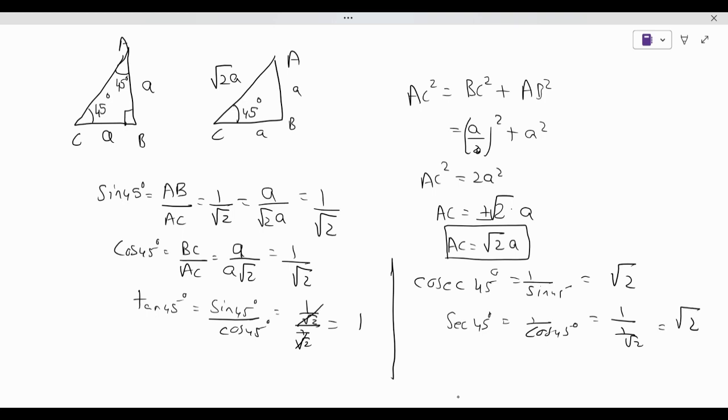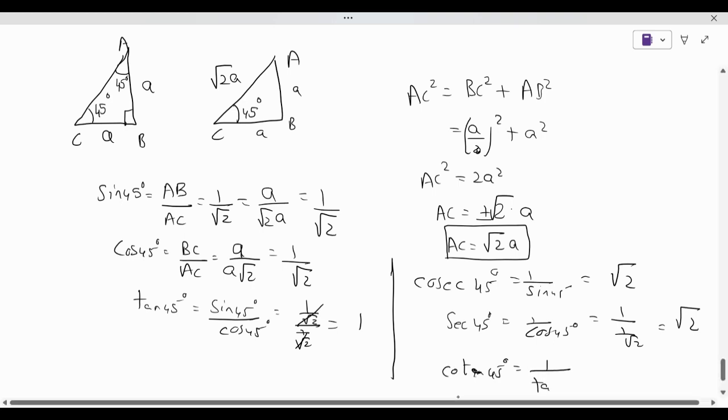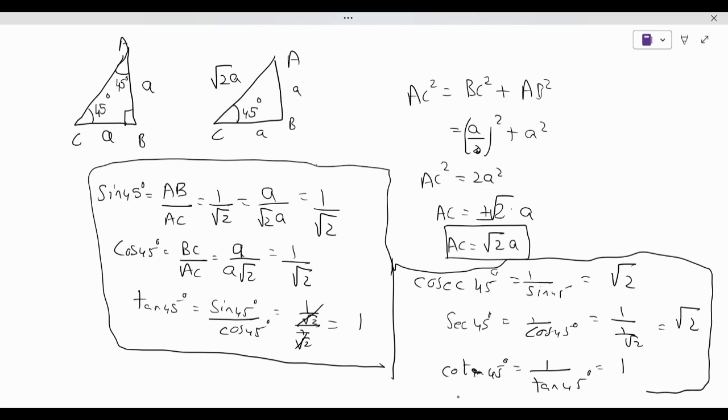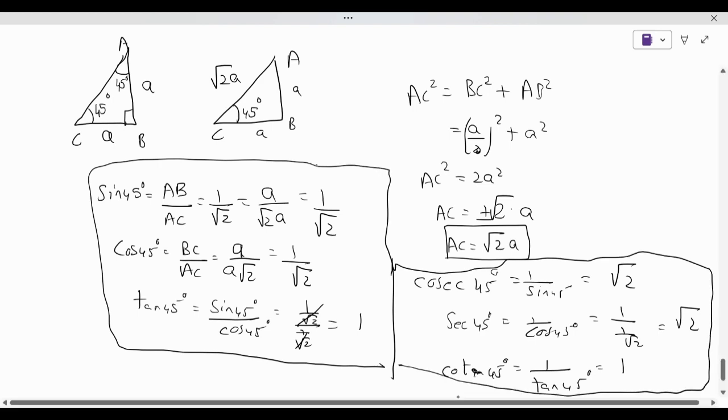Cot 45 degree is equal to 1 by tan 45 degree, equal to 1. So these are the ratios for 45 degree. If you want to take a snapshot, then do it. This is the proof.